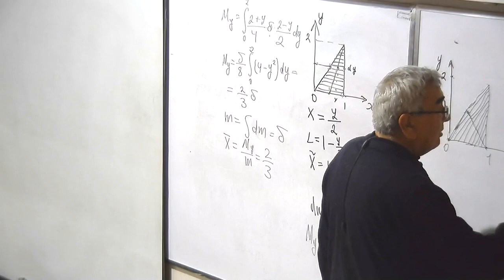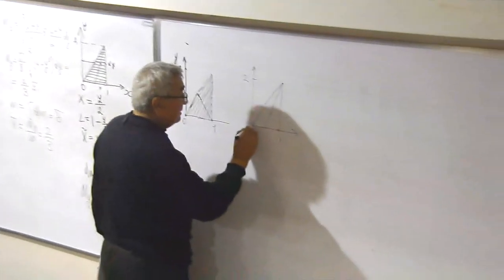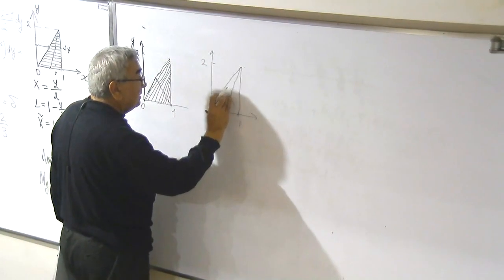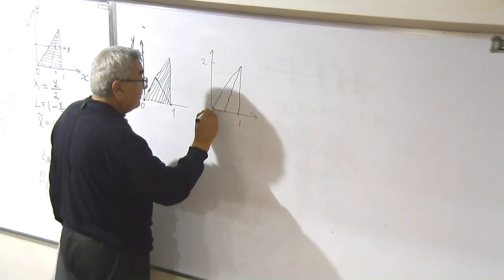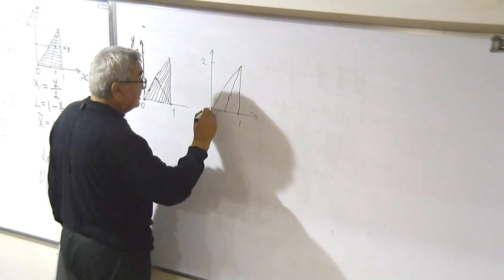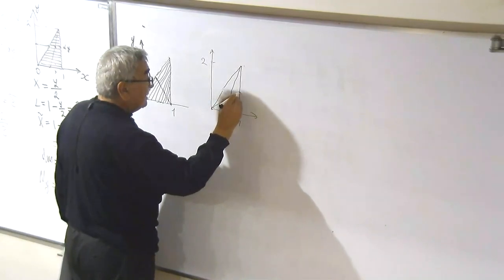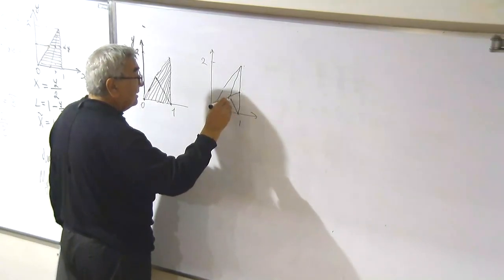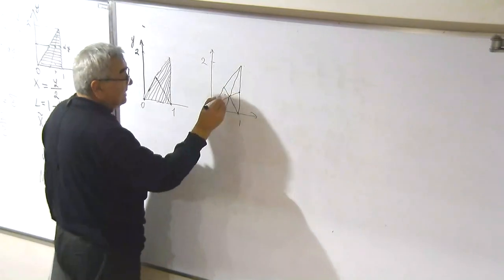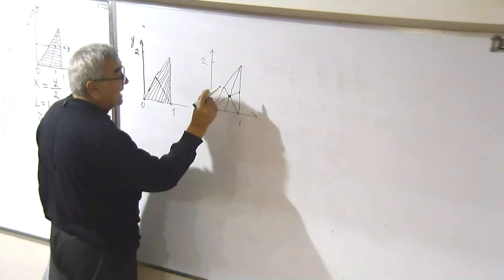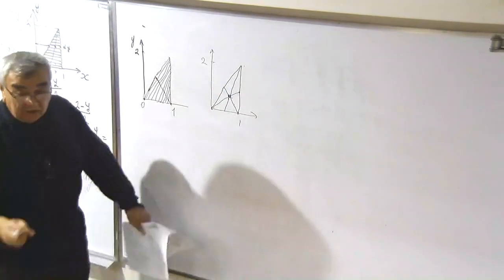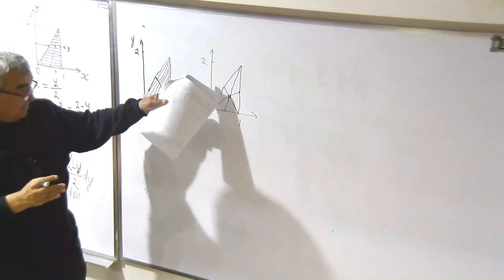When we have the horizontal, the vertical case, it was this one. So here's the midpoint, this, and here this.